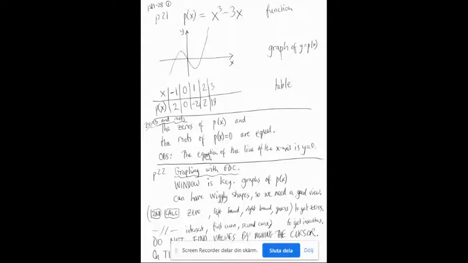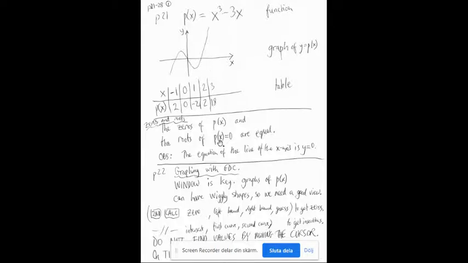And here I've also made a statement that the equation of the line of the x-axis is y equals 0. So along the x-axis, y is 0. If we have a graph y equals p of x and y equals 0, then at those intersection points where they meet, p of x is equal to 0.